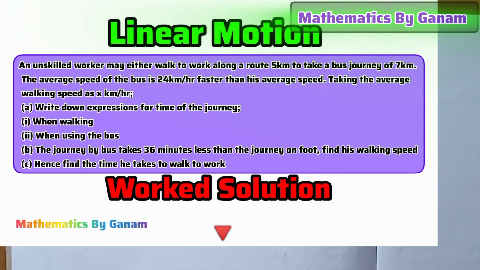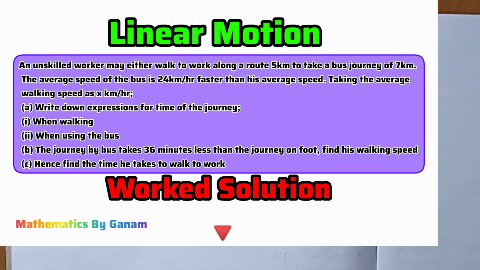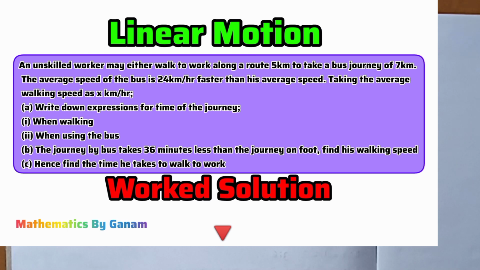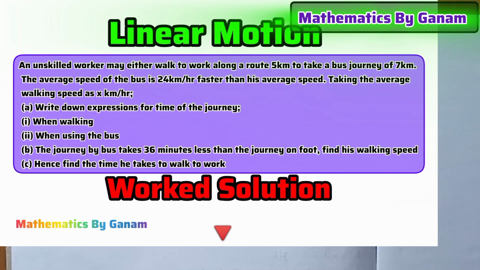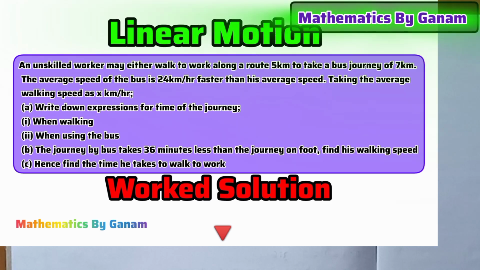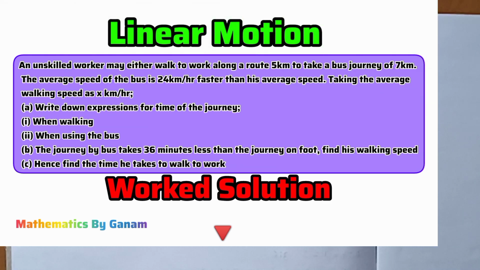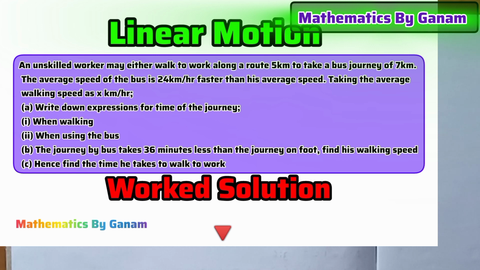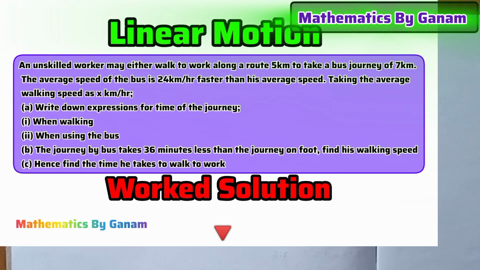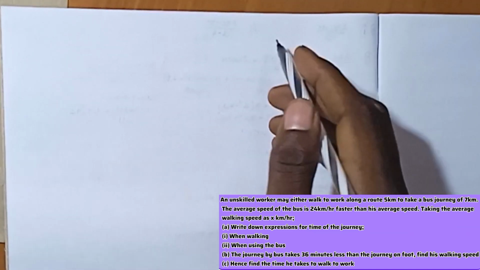And question C, the last one: hence find the time he takes to walk to work, the time taken to reach the bus station. We are going to start by writing what we have, which is question A.